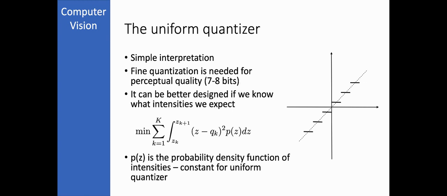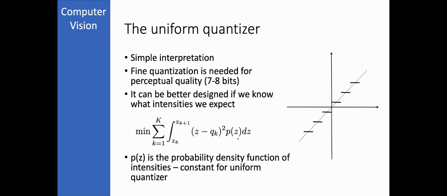If you have some idea about the probability distribution of the intensities you're expecting, P of z, you can design a much better quantizer. Effectively, you can minimize the expected loss of the quantization effect. Here, for my representative value, I simply compute the average square error it makes in a certain interval, based on the probability distribution of seeing something there. What does that mean?